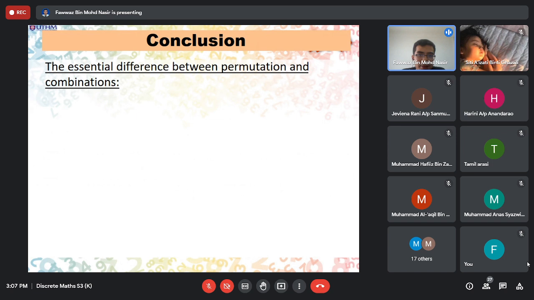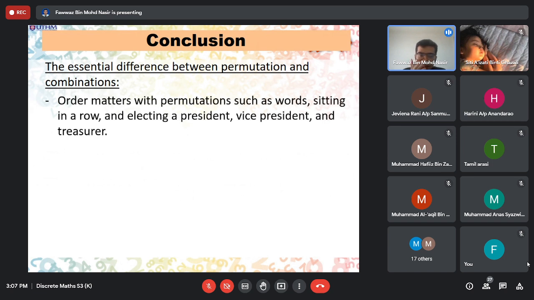So basically perbezaan permutation and combination, di dalam permutation dia punya order matters. Okay, permutation order dia matters. So contoh-contoh problem yang kita perlu pakai permutation ialah bila kita nak arrange letters dalam words.